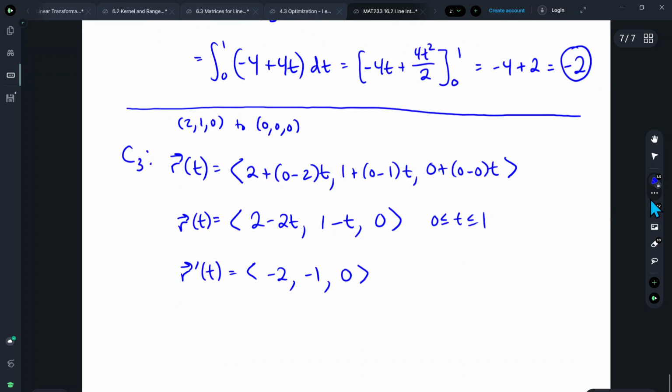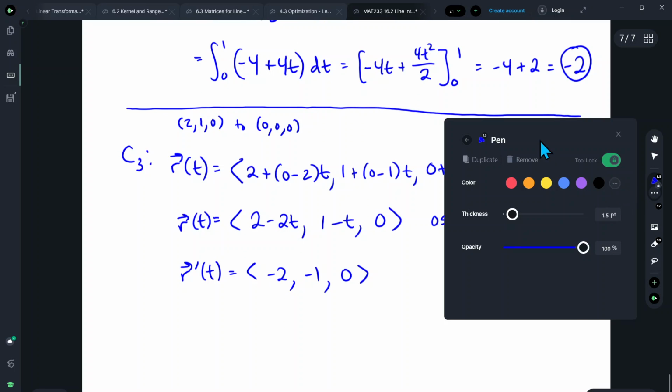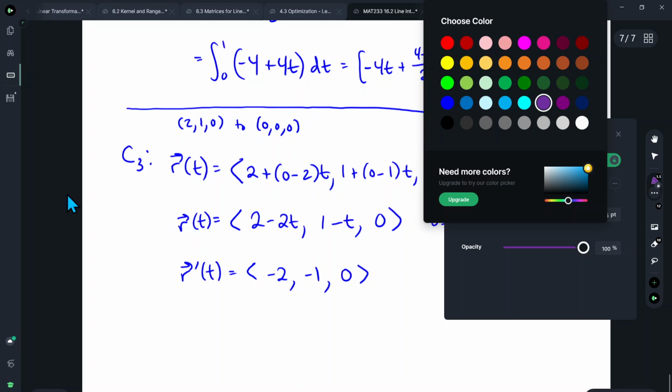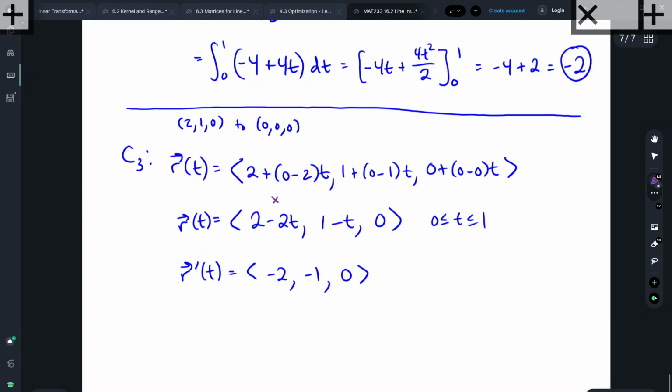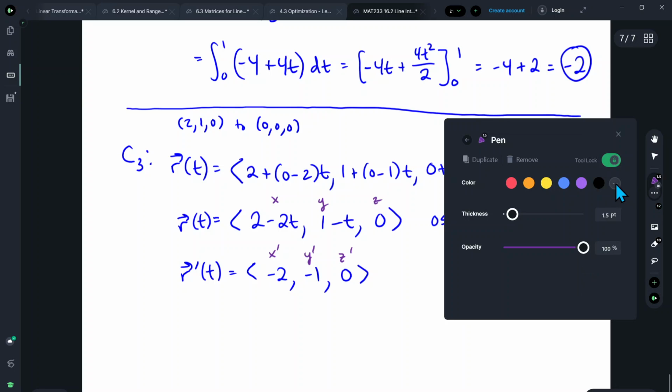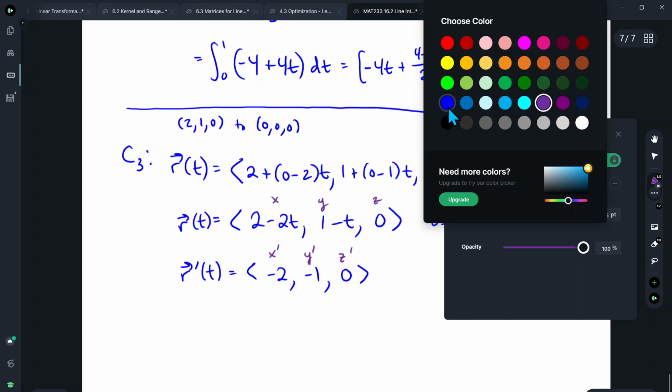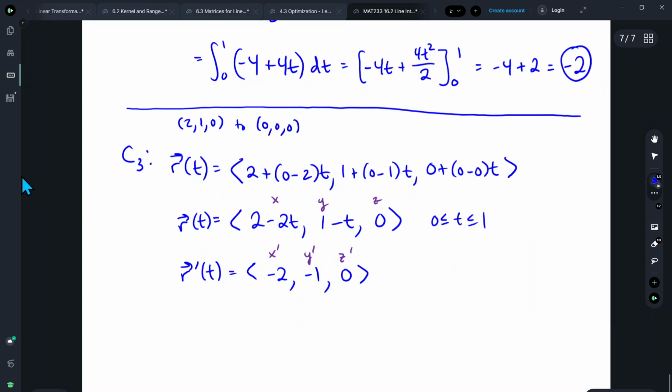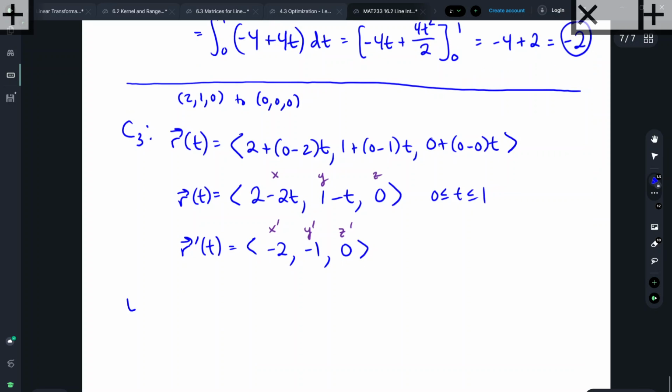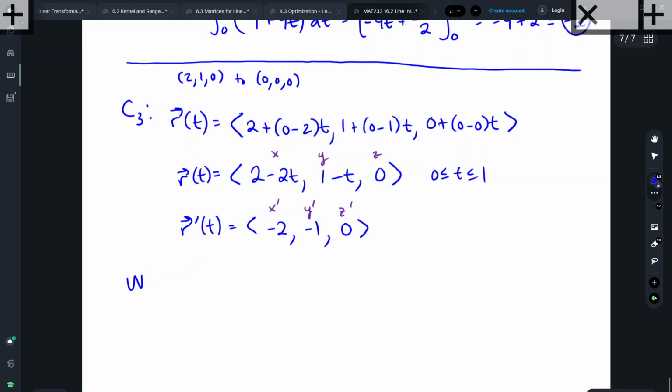Okay, so let's again quickly annotate. Right, so this is x, this is y, this is z, x prime, y prime, z prime. So now we're ready to set up the line integral. Okay, so again, we're calculating the work over the third segment.